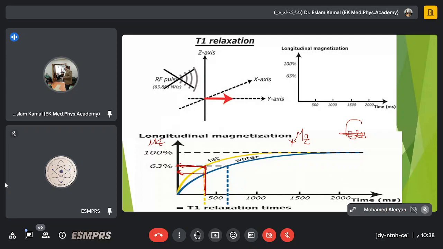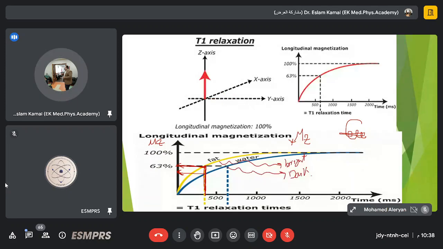The tissue which gives you higher intensity, you will translate this signal to a bright color. And the tissue which gives you a low intensity signal, you will translate this signal to a dark color. That's why we have the T1 sequence. T1 sequence means that you can get an image which depends on the T1 difference between different tissues.